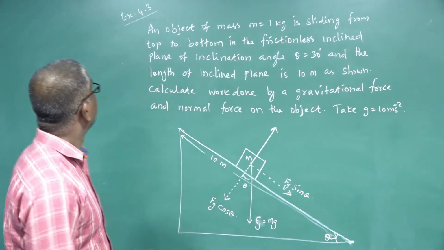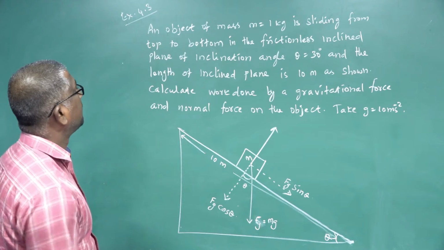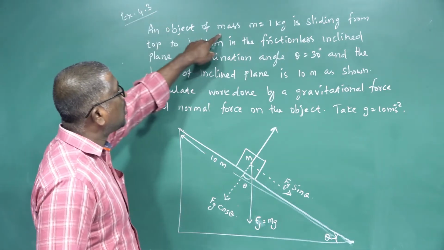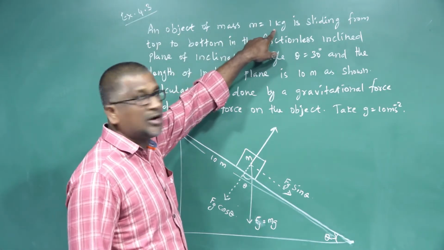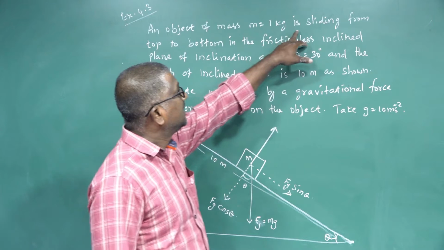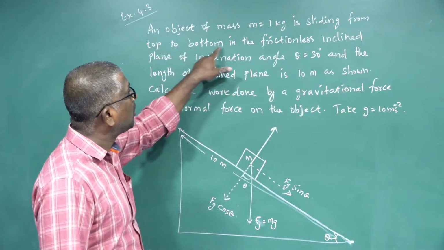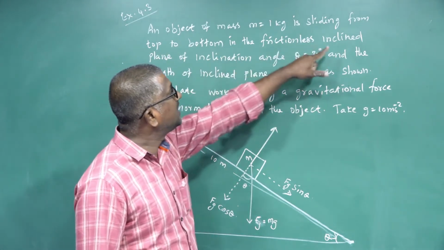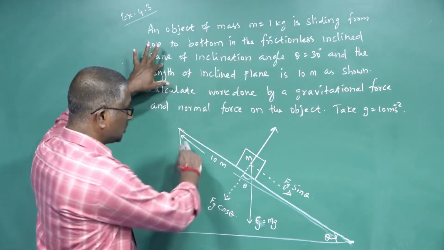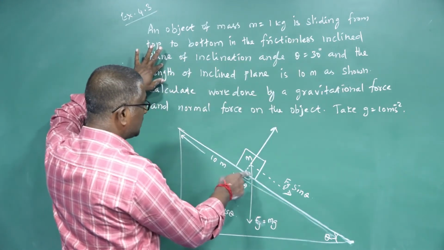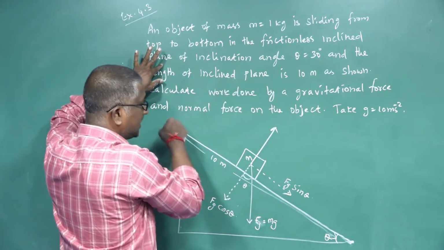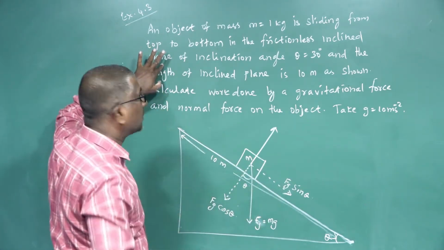Next problem. Example problem 4.3. An object of mass m equal to 1 kg is sliding from top to bottom on a frictionless inclined plane. So this is an inclined plane, on which an object of mass 1 kg is sliding from top to bottom.